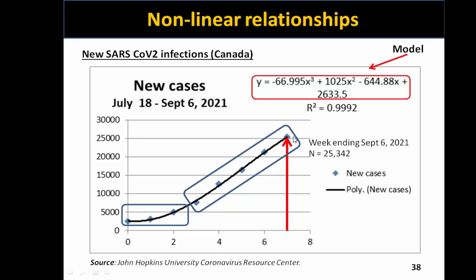So this model was generated on September 6th, and you can see that it has a very, very strong correlation coefficient through the coefficient of determination of 0.9992, or can also be expressed as 99.92% of the fit to the raw data.